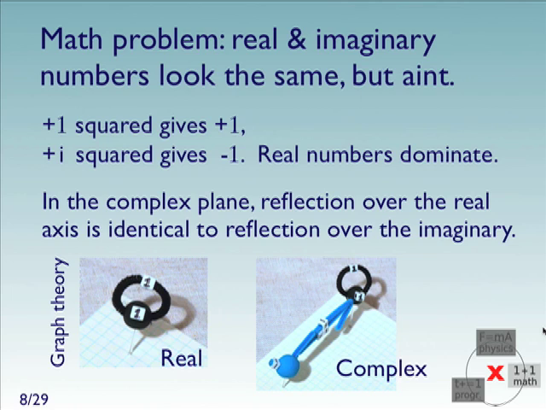And there is no loop for I that has another I that gets you back to an I. So there really is a difference between the two, and I think we need to come up with a visualization that reflects that difference. And I would even go out on a little limb here and say, if your visualization doesn't show unambiguously that there's a difference between real numbers and imaginary numbers, then your visualization is technically wrong.